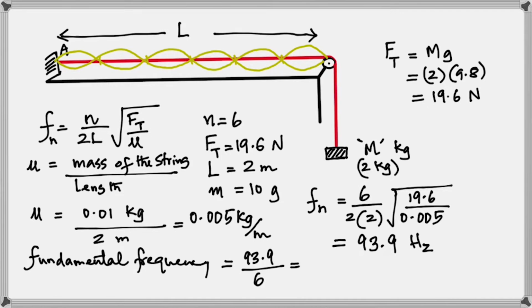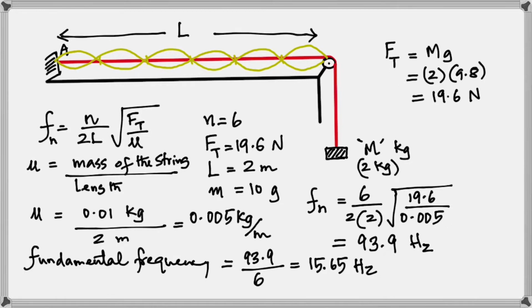And you know why? Because in place of n, where you actually put 6, you would put 1. See that? So you would get this answer divided by 6. So how much is that? 15 point something? 15.65 hertz is the fundamental frequency.